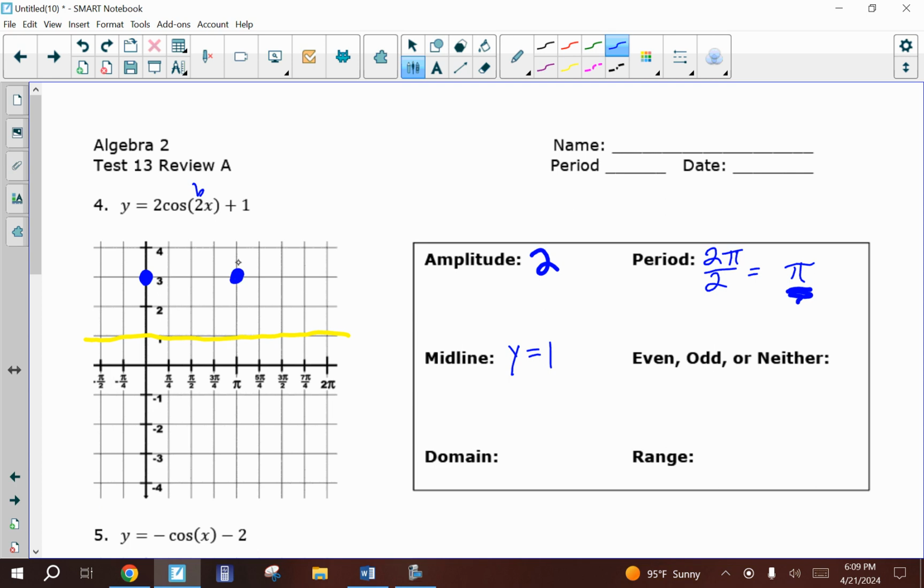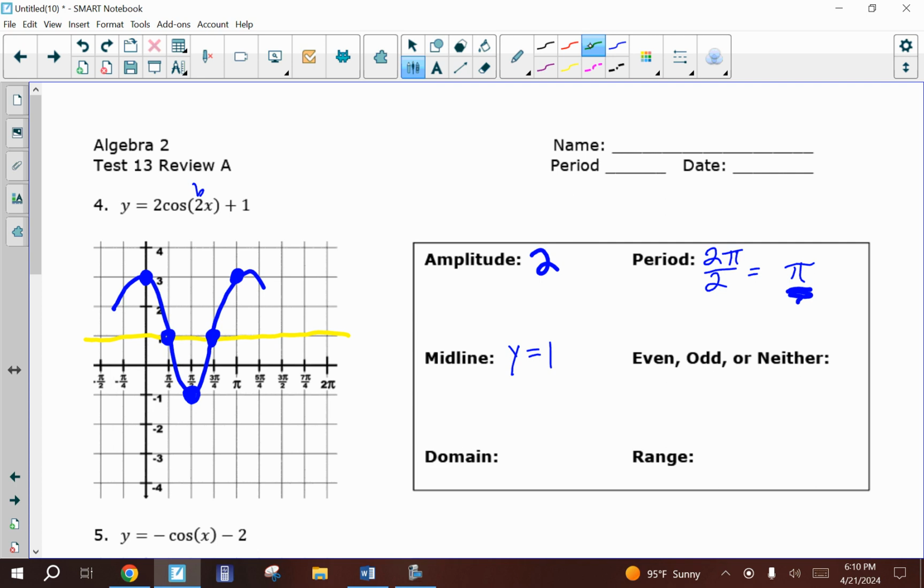So it's going to start at 3 and end at 3. So that's 2 above the midline. Now the exact center of those points should be the lowest point of the graph. So I'm going to go below the midline 2 spaces. And then in between the first 2 dots, that should hit the midline. And in between the last 2 dots, that should also hit the midline. So our cosine graph is doing something like this.